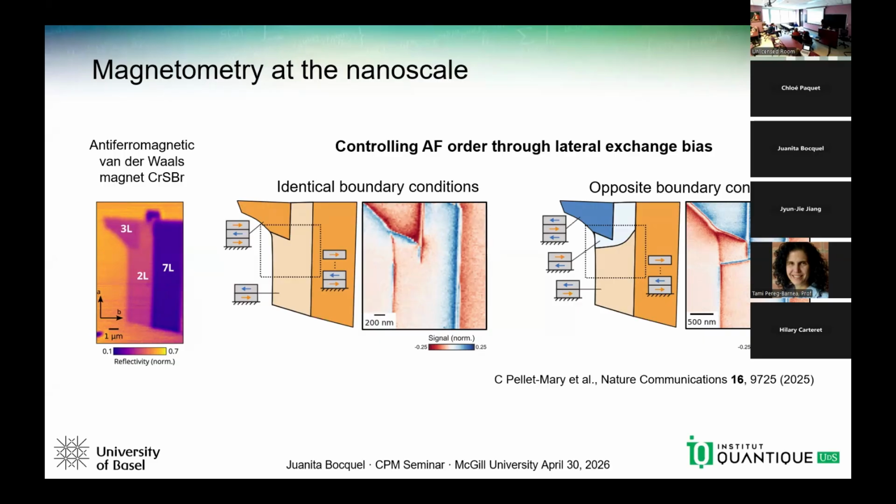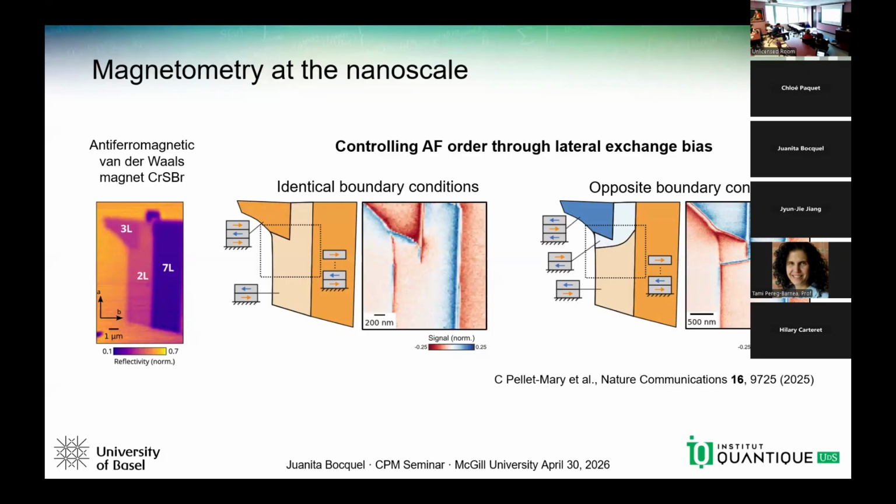And what they've done between those two images is apply a strong magnetic field. And with this, you can see from the different color that they're able to switch the magnetization in this five-layer. But the precision is such that they can also see that this flip is inducing a change in the bilayer next to it. And in fact, you can also resolve the magnetic domain wall that is induced as a consequence of this change.